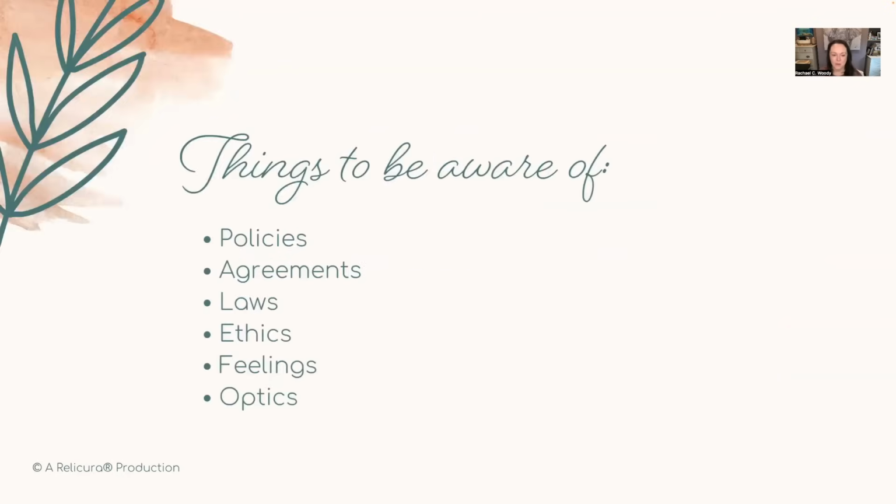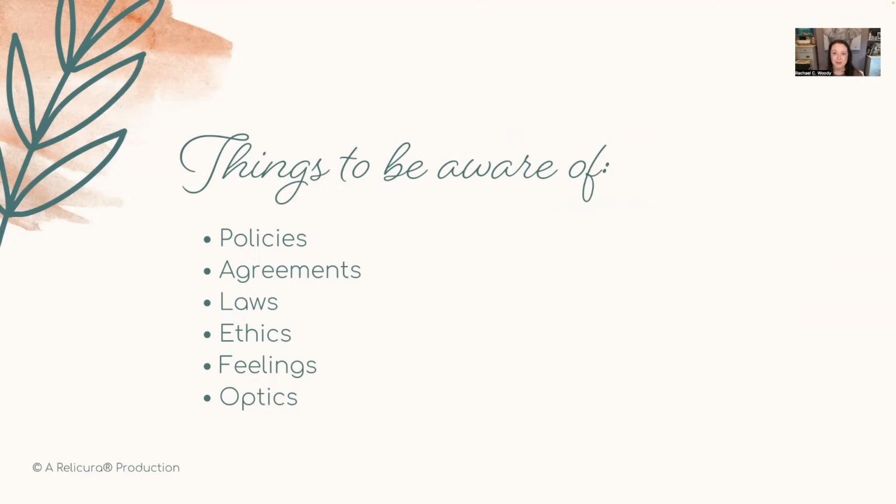Considerations. So there are quite a few things to consider and be aware of as you approach the topic of deaccession and the creation of policy. And so the first thing is the concept of policies, thinking about what is in place, especially if you've got some previous drafts you can work with.